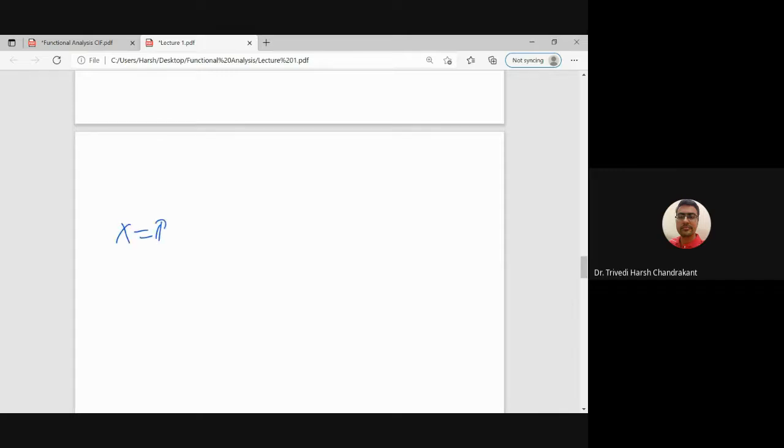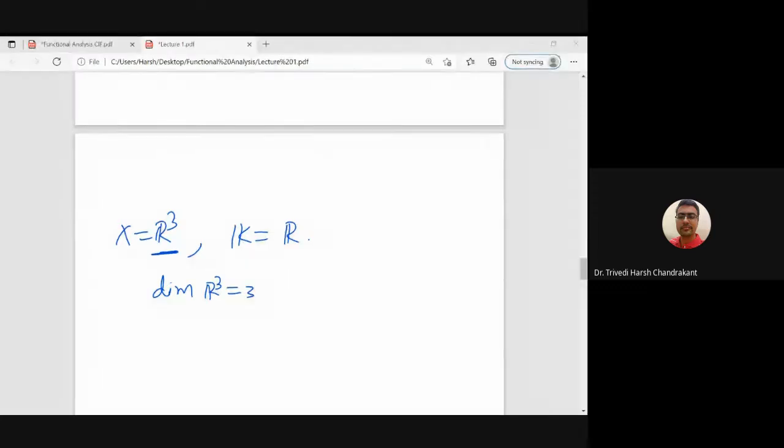Suppose we have R3 over R. How do we find a basis of R3? What is the process? We know the dimension of R3 is 3, right? Because it has 3 elements in the basis. So how do we find the basis elements?